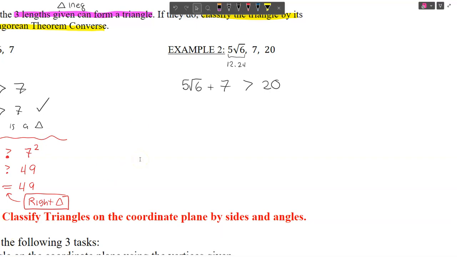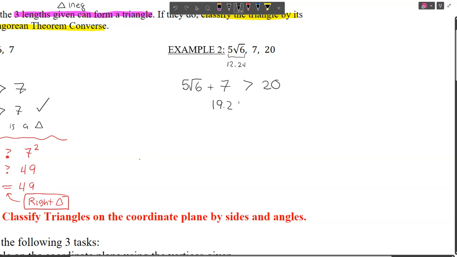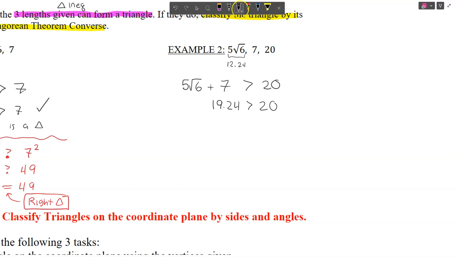When I add the two left sides together, I get 19.24, which is not greater than 20. So this fails, which means this is not a triangle.